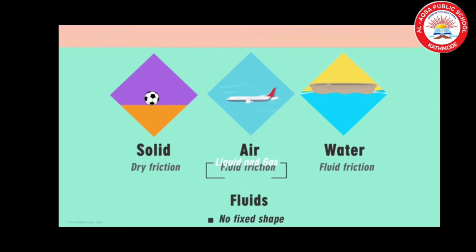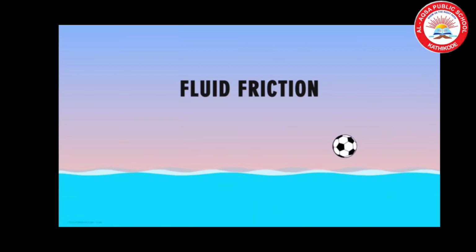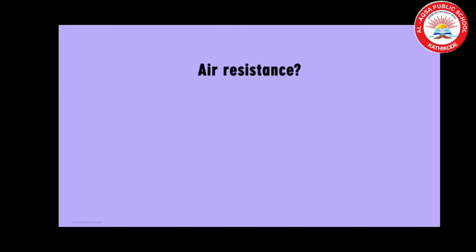Okay, so we know that fluids have no fixed shape and size. So what is meant by fluid friction? Do fluids possess friction? Yes, of course. Consider an object moving down through air. Is there any friction? Of course, air produces friction.